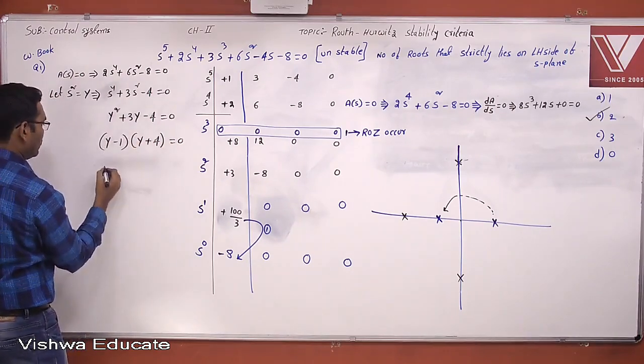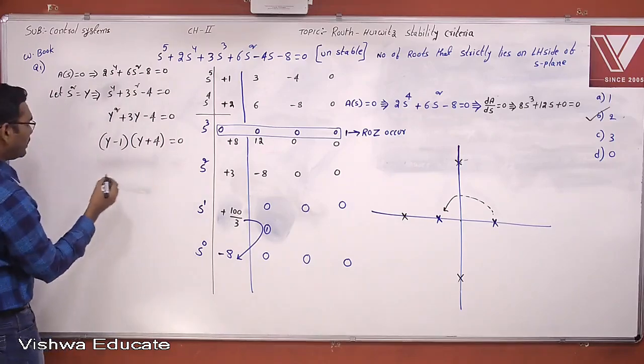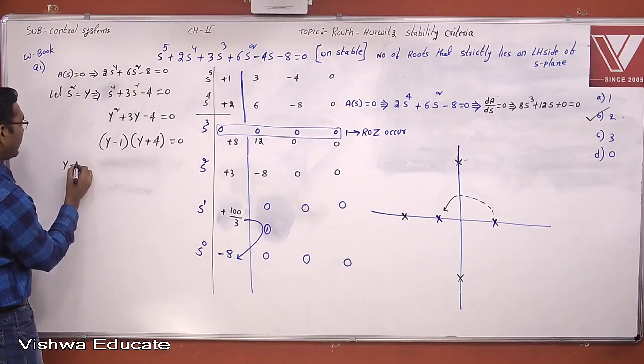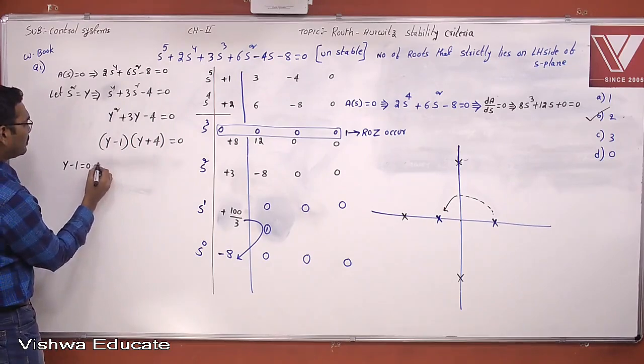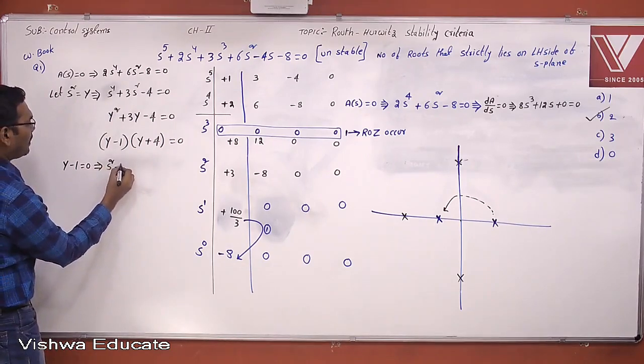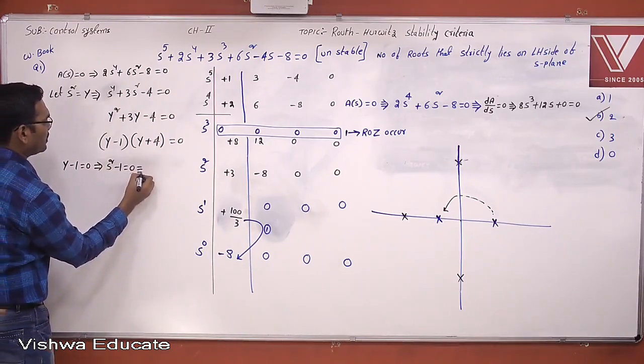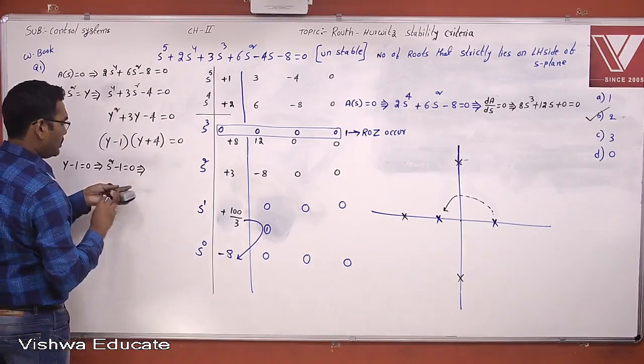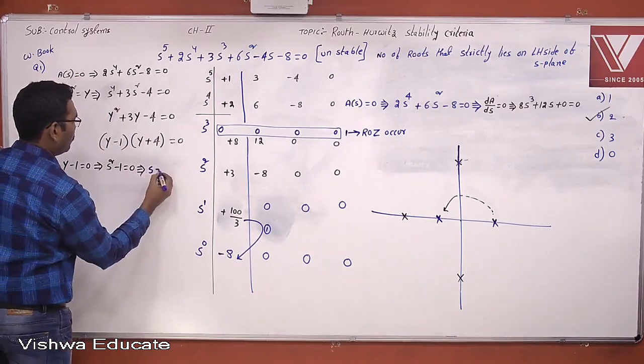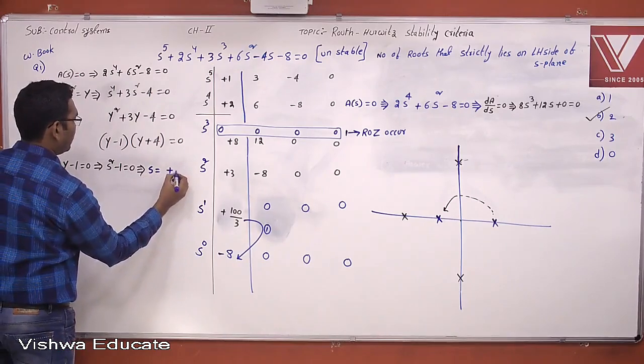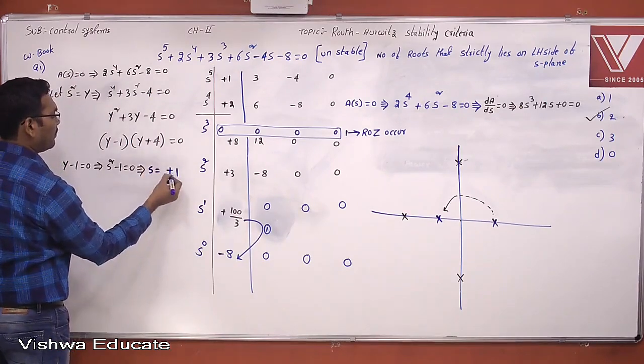Now see here, you can get very clear. y minus 1 equal to 0 means s square minus 1 equal to 0. Students, very important point here: s square equal to 1, so s equal to plus or minus 1.